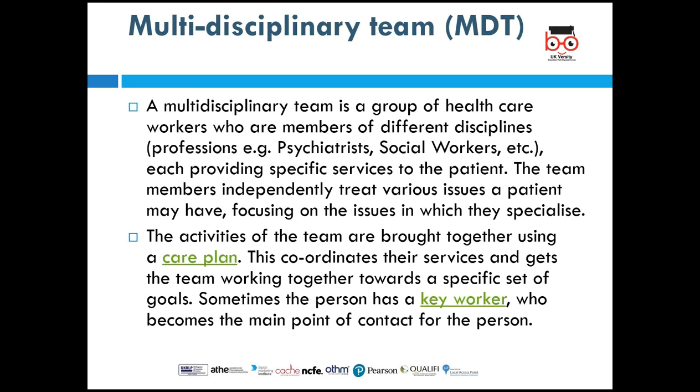For instance, with a lung cancer patient, the team might include respiratory physicians. We could also have oncologists, and within the oncologists, we might have a medical oncologist, a radiation oncologist, and a surgical oncologist.